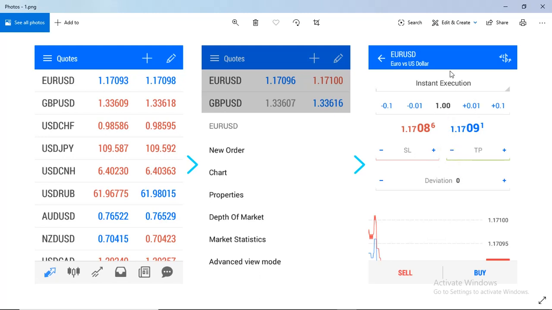your market execution. Some people will put market execution, some will be instant execution, and this is what I called the lot size that you can select. If you have as little as $50, $100, don't do more than 0.01.